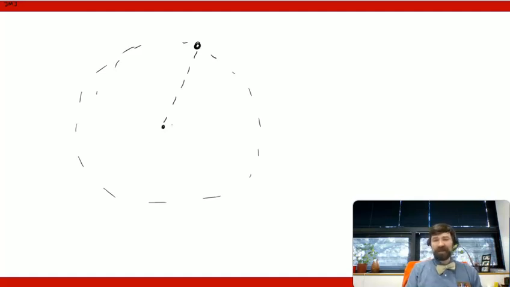This would be like my axis of rotation. So here, this dot in the center of the circle is the axis of rotation. And this object has some mass, and it has some speed v, and it's moving some distance r from the center. Let's actually make it a capital R just for variety's sake.